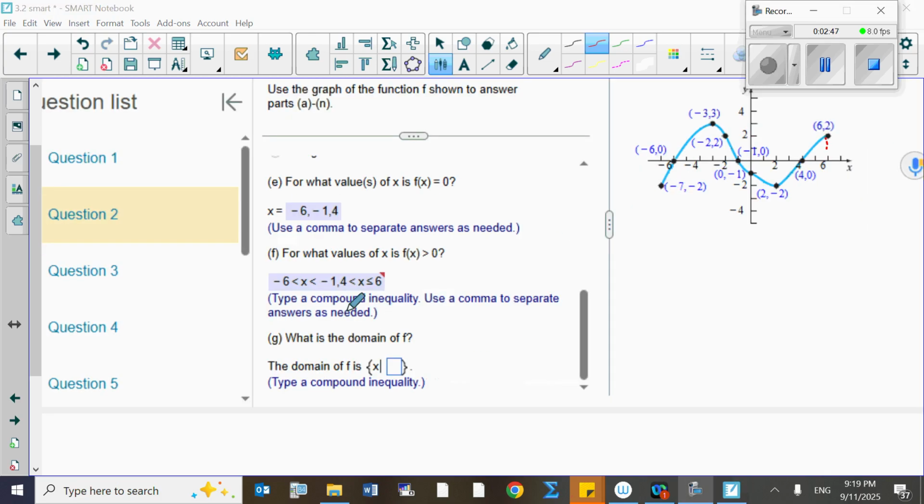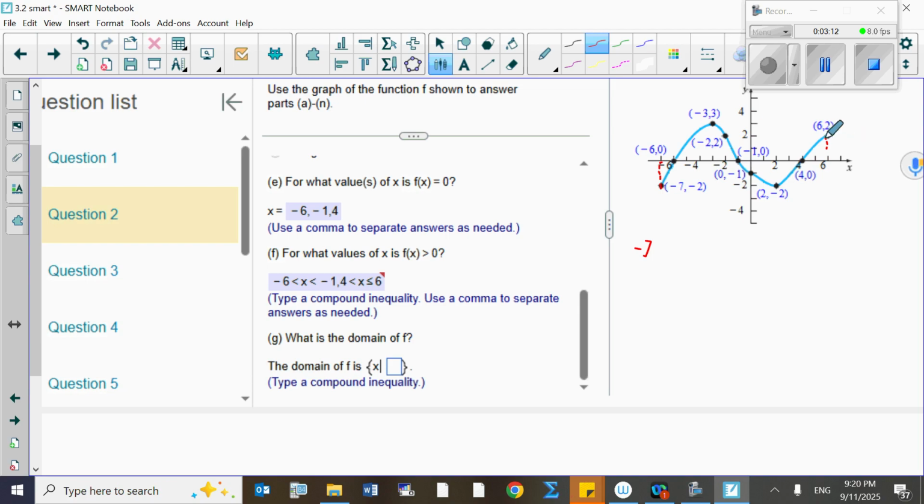Now let's look for the domain of the function. Domain is the set of all x values which are covered by the function. So from left to right, I'm going to move and find the x values that are covered. The first x value that is covered is this one, which is at -7. And there's no limit between these points.